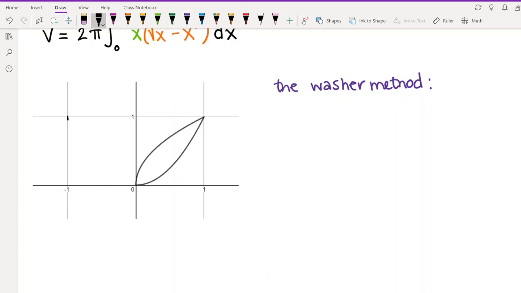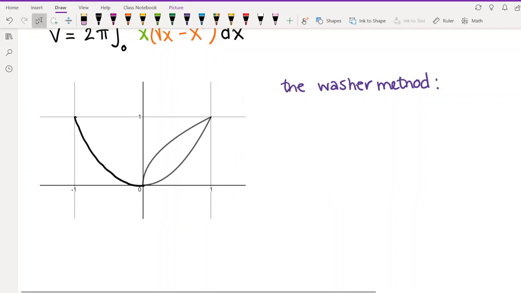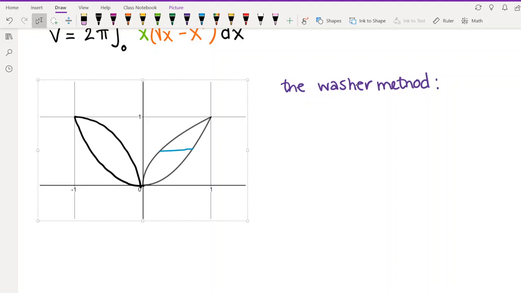And the radius has a slightly different meaning in this context than it does in the context of the cylindrical shells. Sorry, struggling to draw this well. So let's draw a sample disc. So again, why is it that we can use a disc or washer? Well, because you can measure this distance, and if you were to revolve that around, you would get a washer, right?